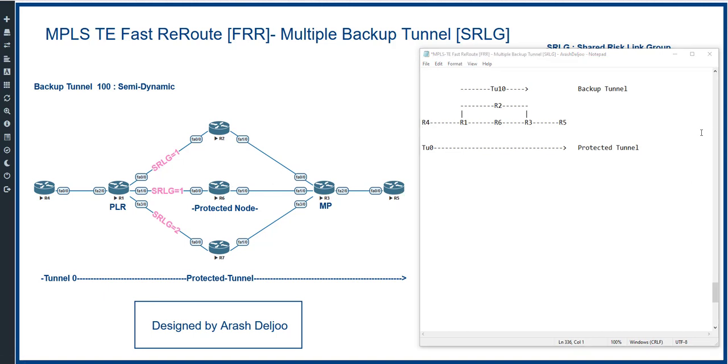Here we have one consideration. Assume that the physical path of, for example, R1, R2, and R3 is passing through the same physical conduit, or the same physical link.